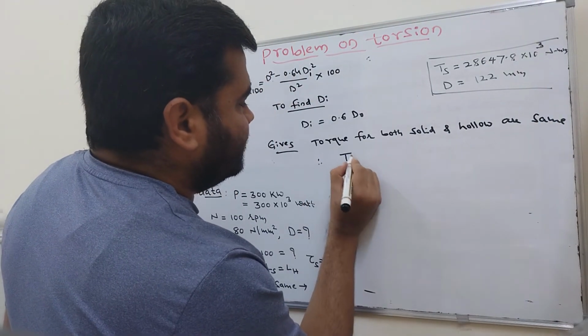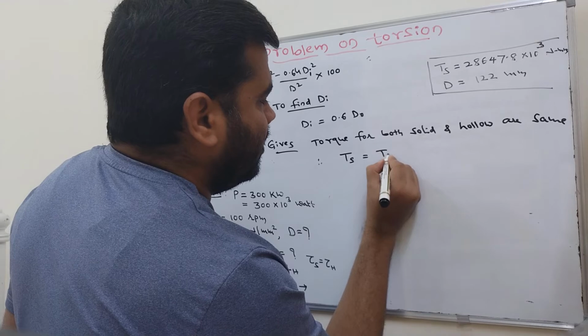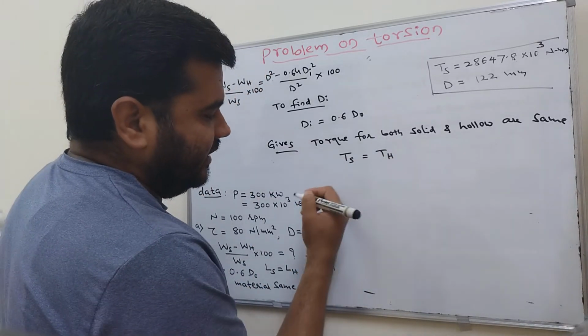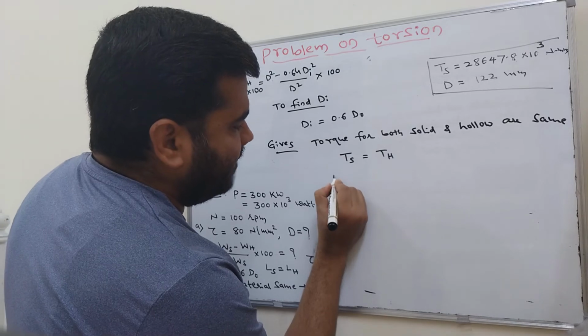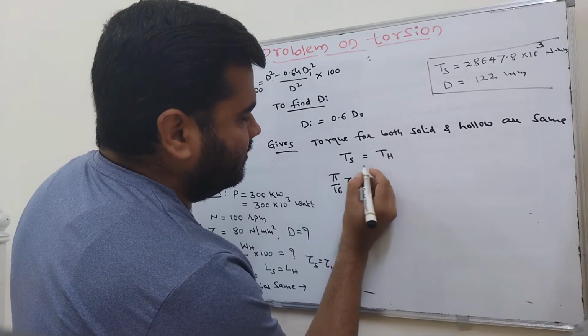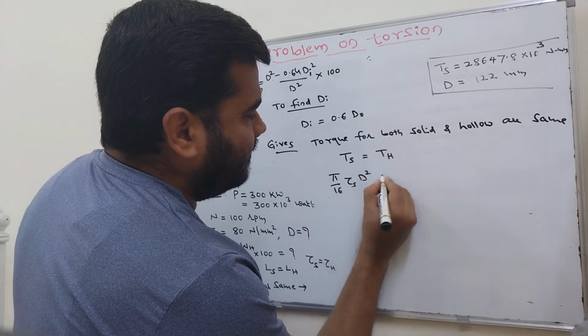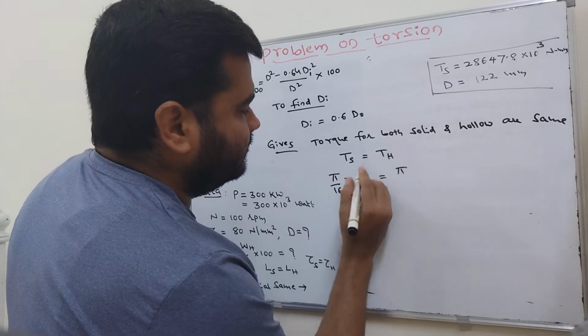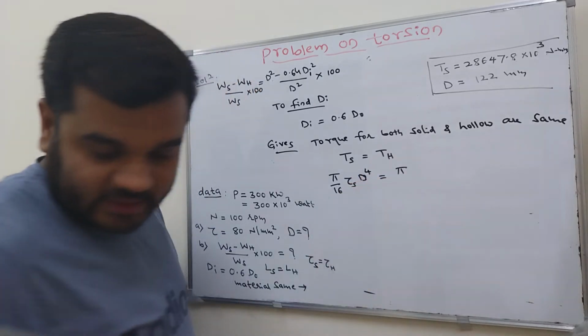Therefore, torque of solid equals torque of hollow. I can equate. What is the equation for the torque of solid? That is pi by 16 tau d cube, equal to pi by 16 tau times d naught raised to 4 minus di raised to 4 divided by d naught.